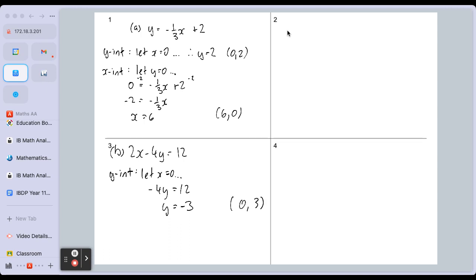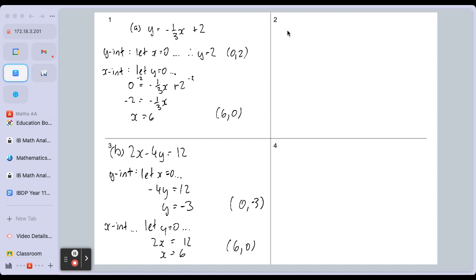It's negative 3, isn't it? 0, comma negative 3. And for the x-intercept, we let y equal 0. So we have 2x equals 12, and x is equal to 6. And so we have the point 6, comma 0. You okay with that? No dramas?